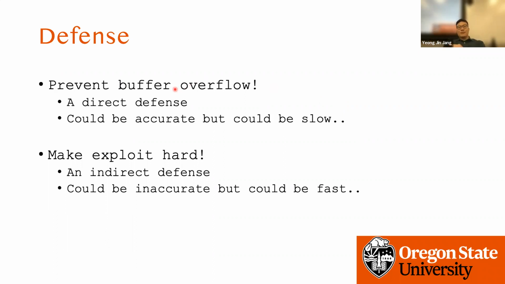The first thing we will go over is how we prevent buffer overflow fundamentally. You will learn we can do that, but that will slow down the entire system a lot. Because of that, several software vendors care about performance, because that affects usability a lot. And they don't want to use a super slow defense mechanism.